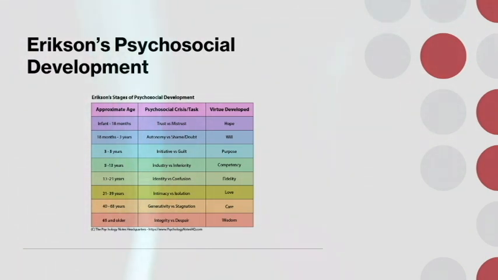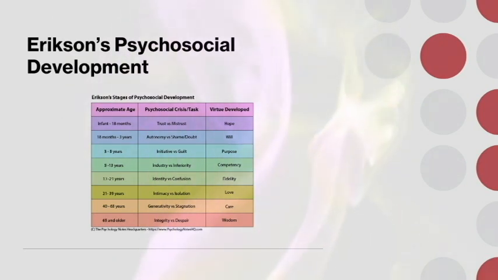And so here are Erikson's psychosocial stages. The first stage is in early infancy, up to a year old or thereabouts. The important thing to learn there is trust versus mistrust. In this first stage, it really centers on the infant's basic needs for trust and security.